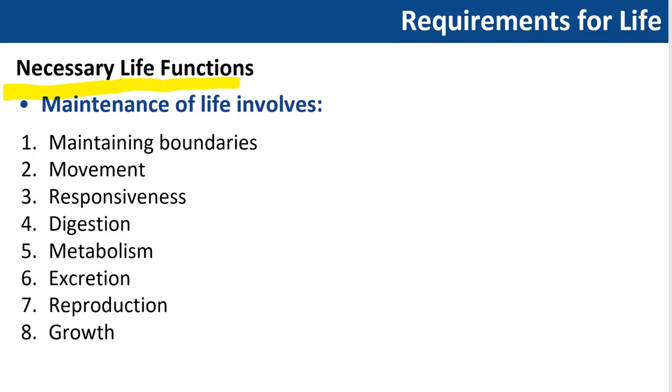They can move, respond to environmental changes, take in and digest nutrients, carry out metabolism, dispose of waste products, reproduce themselves, and grow, which we call the necessary life functions or maintenance of life. So maintenance of life involves these 8 factors: maintaining boundaries, movement, responsiveness, digestion, metabolism, excretion, reproduction, and growth.